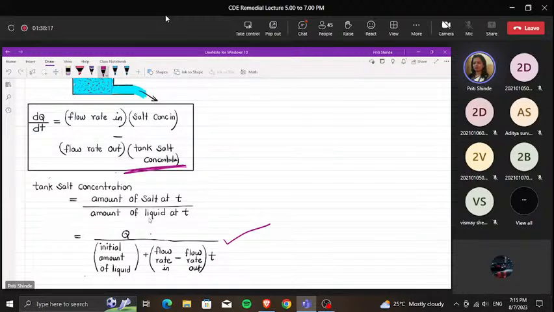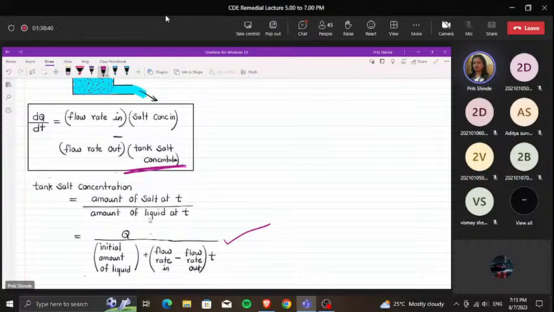And to find the tank salt concentration, use Q divided by initial amount of liquid plus flow rate in minus flow rate out into t. If you remember this, you can directly write down your differential equation, like Newton's law of cooling.